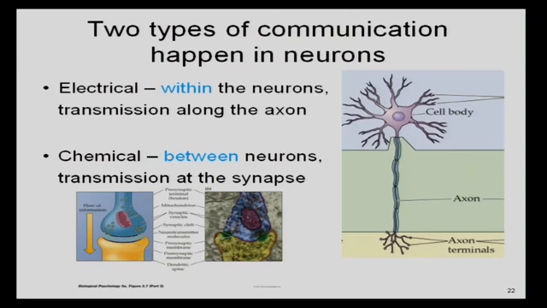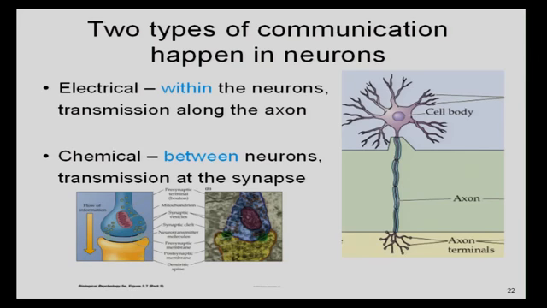And then we have either unmyelinated conduction of the action potential down the axon, or we have fast saltatory conduction if the axon is myelinated, that gets that axon all the way to the axon terminals.